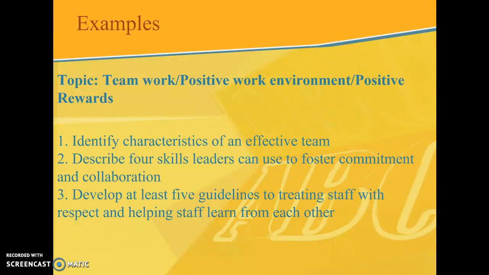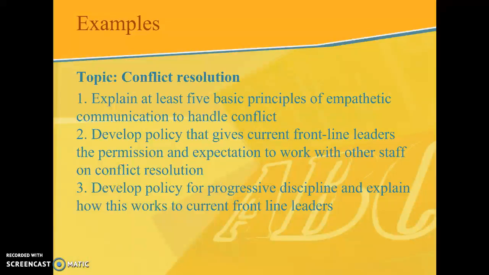Here I want you to take a moment and look at a few examples. The topic is teamwork, or positive work environment, or positive rewards. And these are 3 examples of objectives. The next is conflict resolution.